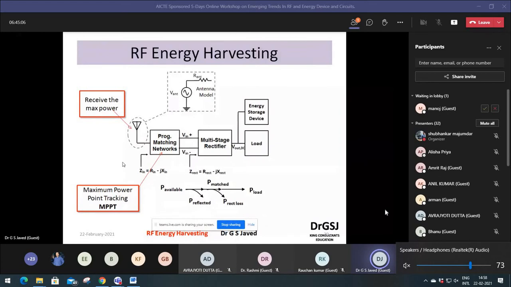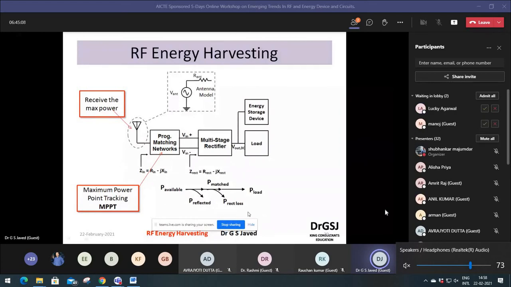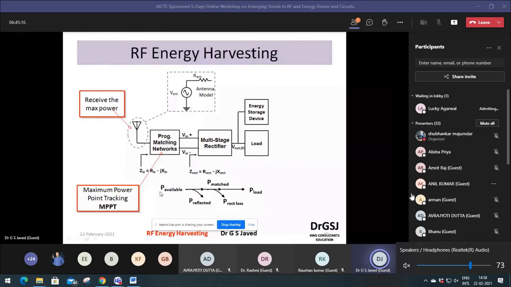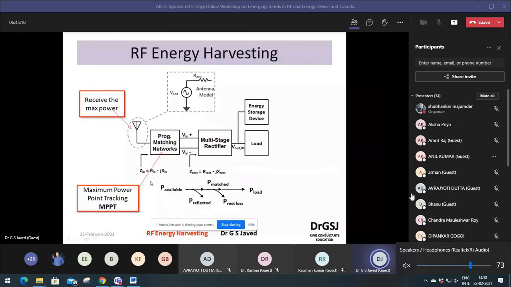Now, let me call your attention to the signal graph below, which shows how much actual load is absorbed or available from the P available. So P available stands for the total available power at the receiver. Now, at the receiver, most of the power will be matched, but some amount of power will get reflected. So that is considered a loss.